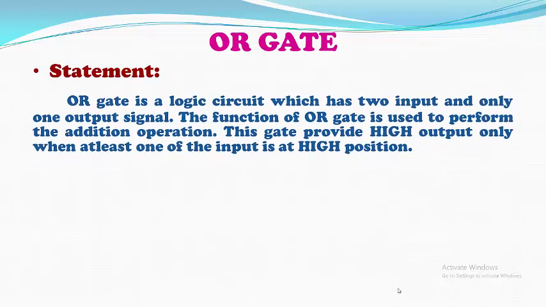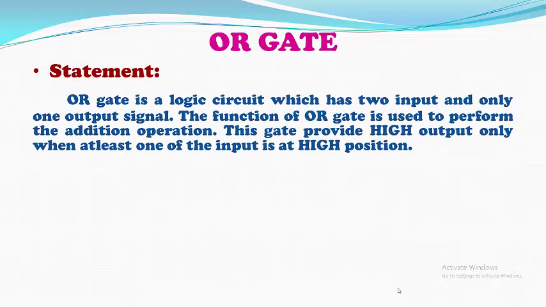Now we will see the third basic gate, that is the OR gate. The statement of the OR gate is: this OR gate is also a logic circuit which has two inputs and only one output signal. The function of the OR gate is to perform the addition operation.